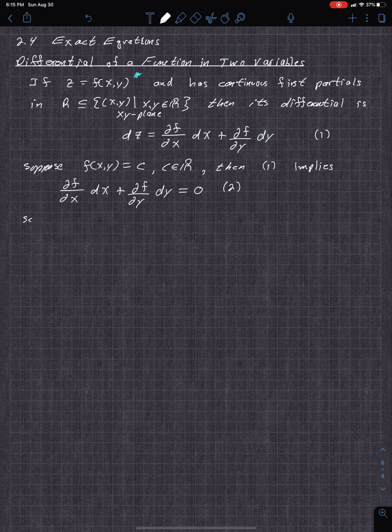So here's the concept. Given the family of functions f of x, y equal to c, we can generate a first order differential equation by computing the differential on both sides, by basically taking the derivative on both sides.